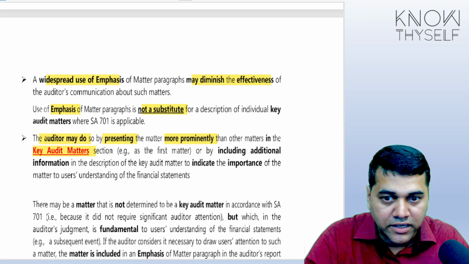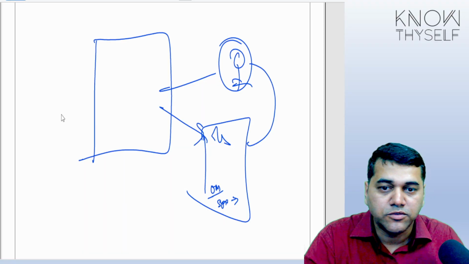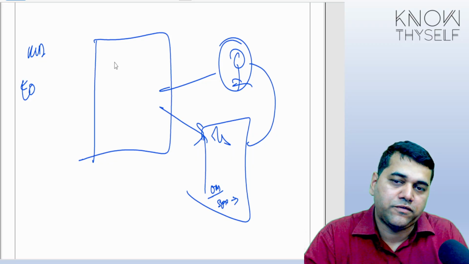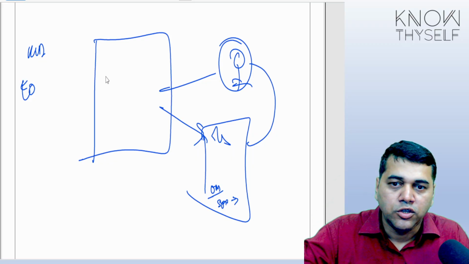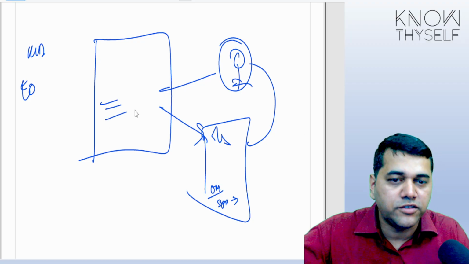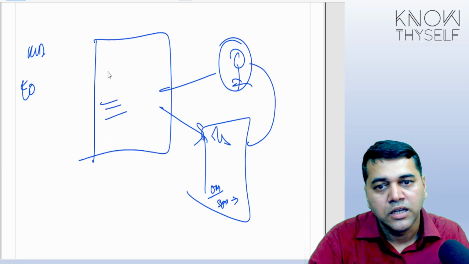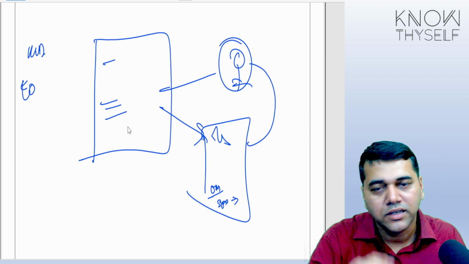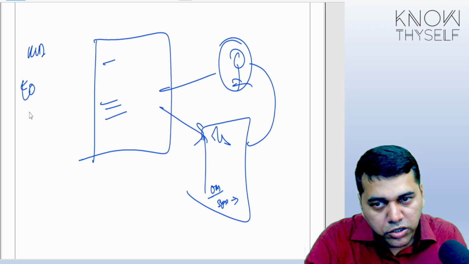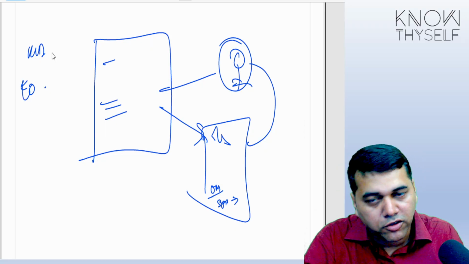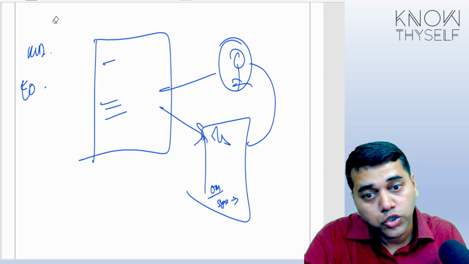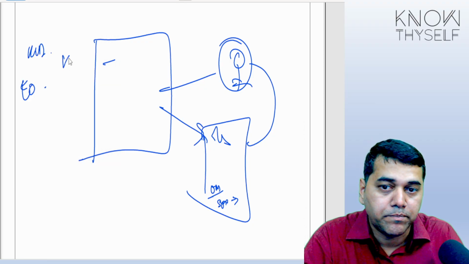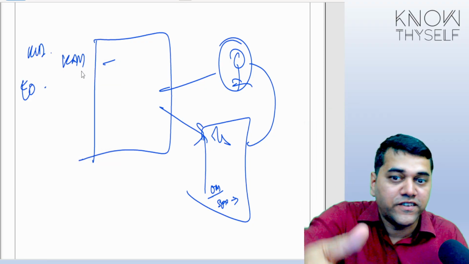What they are trying to tell here is, if one item is both a key audit matter and an emphasis of matter, then saying this is key, this is emphasis, and referencing it so many times makes it lose its importance. Instead, if it is both fundamental and significant, you tell it in the key audit matter. Yes. But how do you emphasize it?